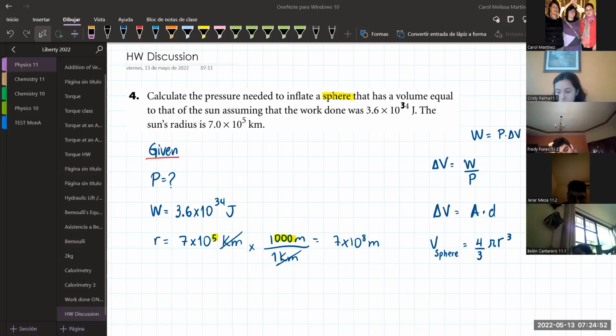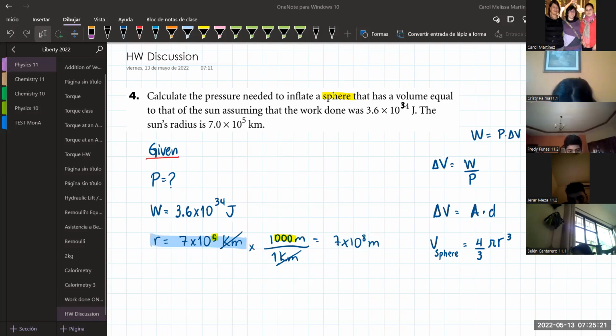If it was a cylinder, you can use a cylinder formula. If it was a cube, for example, you have to use the formula of a cube. In this case, it's a sphere, so we can get the volume from here. All you need to calculate the volume of a sphere is to know the radius, which we already know. Okay, so from this, we say, I don't have the volume, but I can get it.